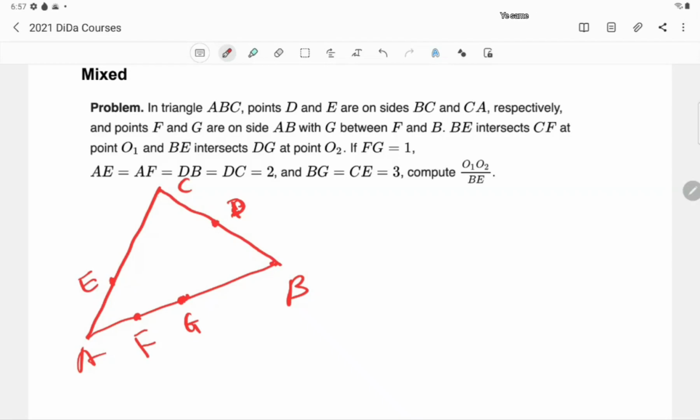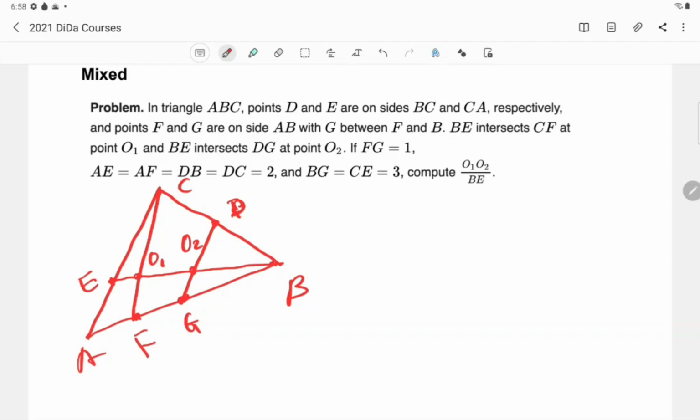And then BE intersects CF at O1. This is O1. And then BE intersects DG at O2.